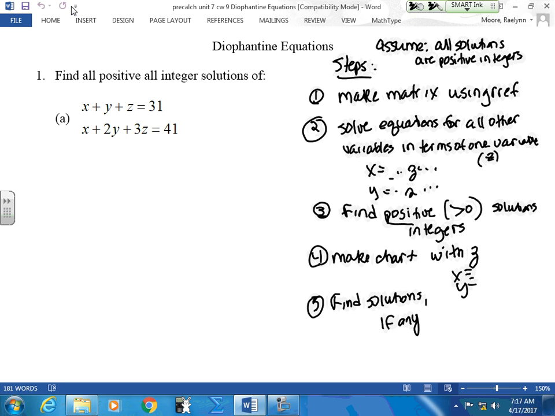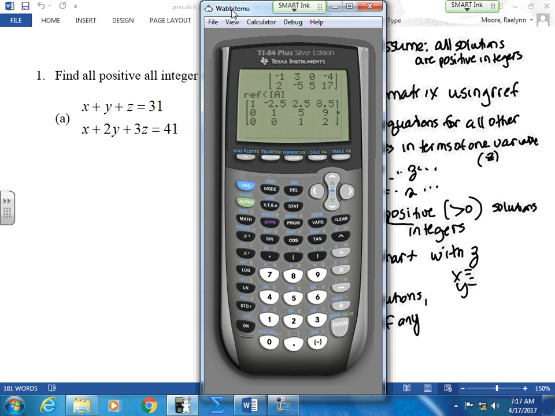All right, I'm going to need a lot of space. So do we have all this written down? I have to erase it. I need a lot of space to do this. Okay, make sure you have that written down. And get your calculator and put the first one into RREF. Anybody else?